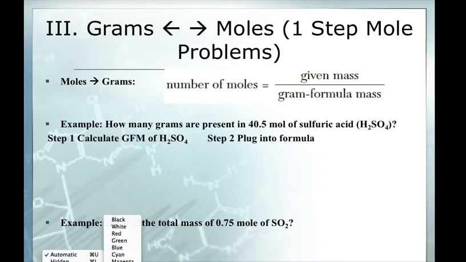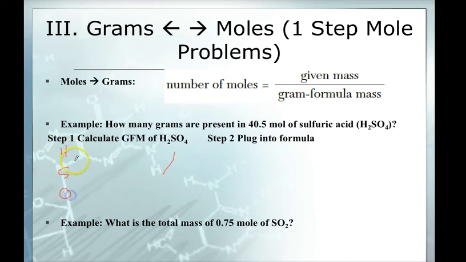Let's quickly run through. So let's do the gram formula mass. So we have H, S, and O. And if you look at the formula, we have two H's, we have one S, and we have four oxygens. Now you're going to go to the periodic table and look up the atomic mass of each element and round it off to a whole number.